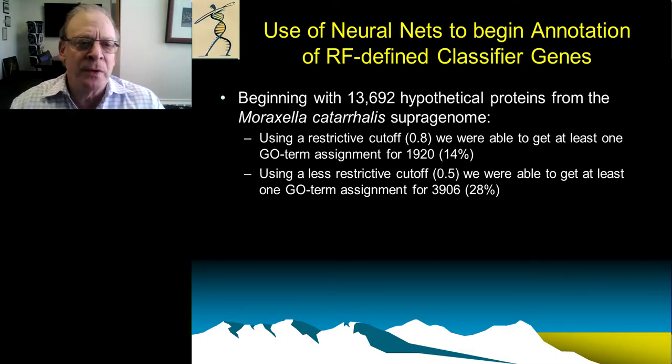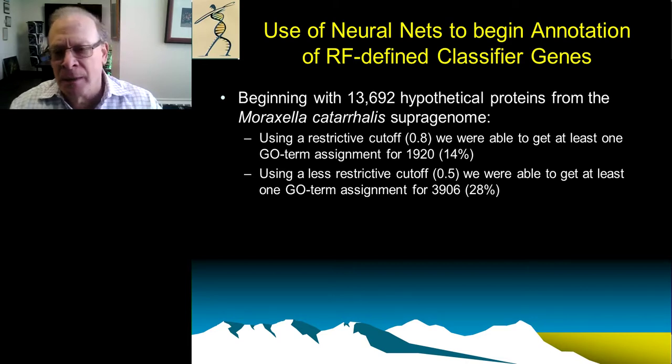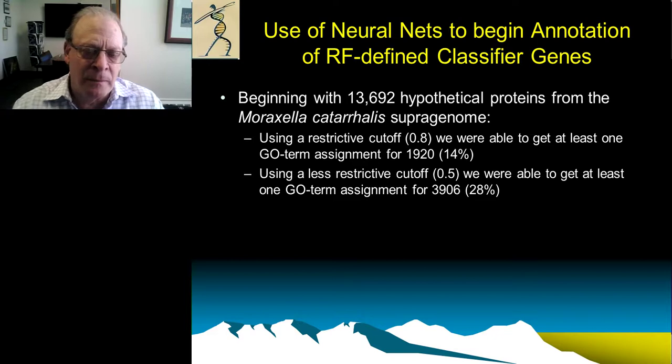We're also using neural nets in a different way to begin annotation of these random forest-defined classifier genes. And this is work that's being done by Will Dampier and my chairman, Brian Wigdahl's group, in collaboration with Josh Earl and my group, who was one of the people who developed the random forest methods.